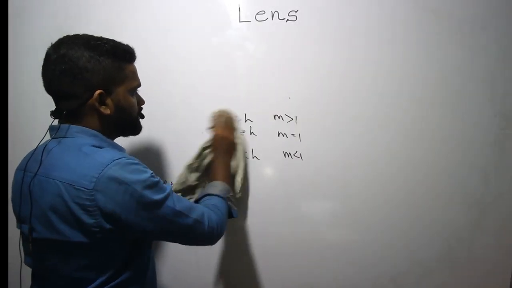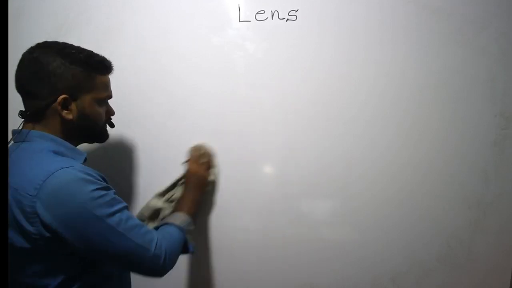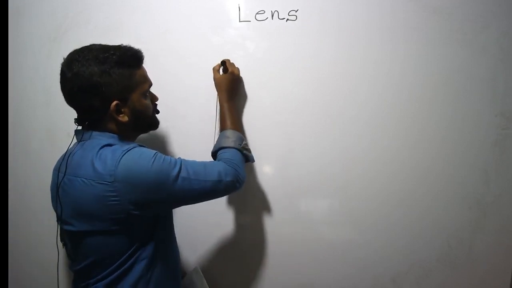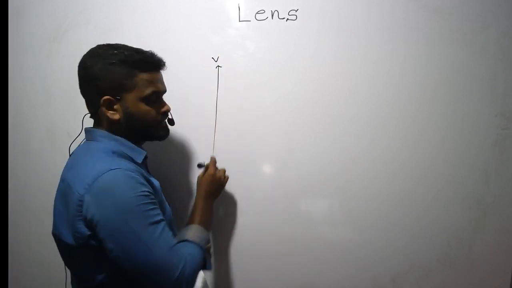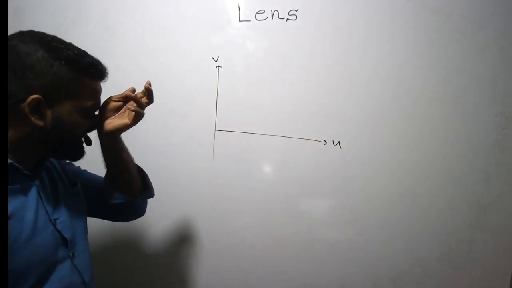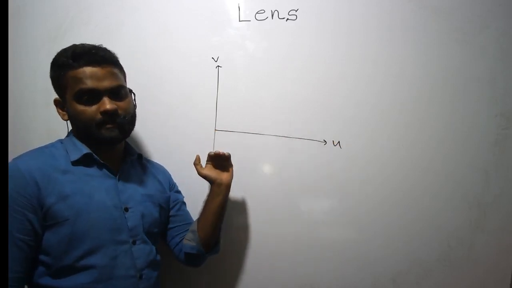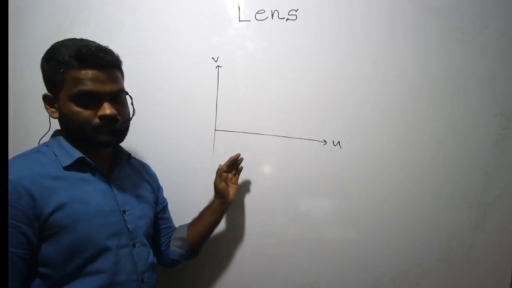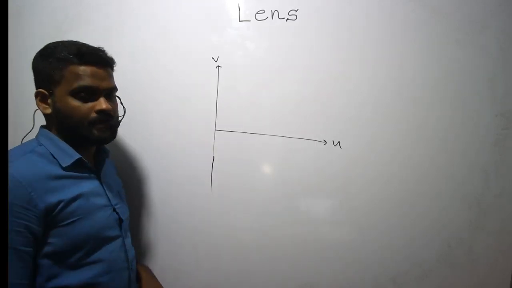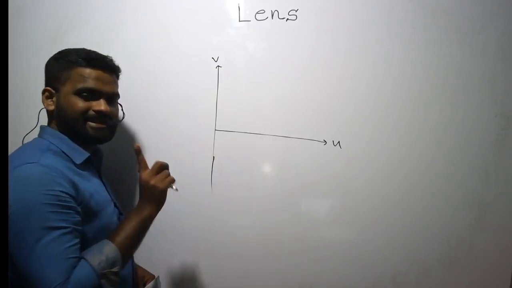You need to remember these graphs. So let's say you have v for the y-axis, u for the x-axis. u is always positive, right? So we only need the positive side of the graph for u. But v can be negative as well. There are virtual objects in which cases u becomes negative, but here you don't have to.